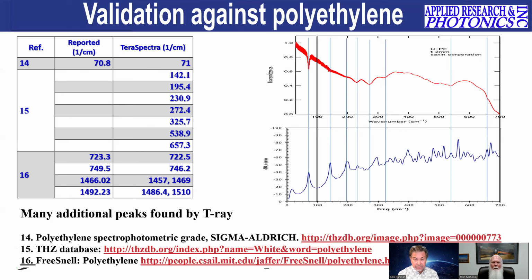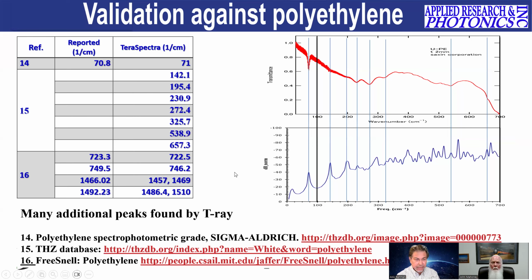Given that we know the polyethylene spectrum, we can separate the peaks due to the sample and then interpret them. That's the idea. What is difficult in T-ray is that, as you can see on this spectrum in red, that is the spectrum published in these references. Sigma-Aldrich, the Terahertz database, and Fresnel by MIT have verified the polyethylene spectrum like this.